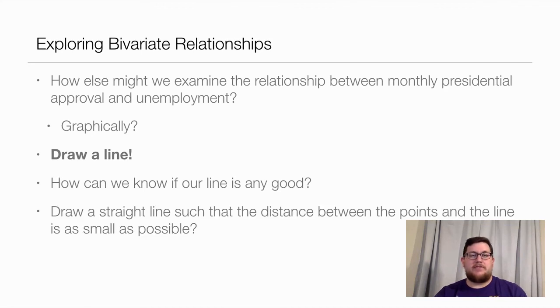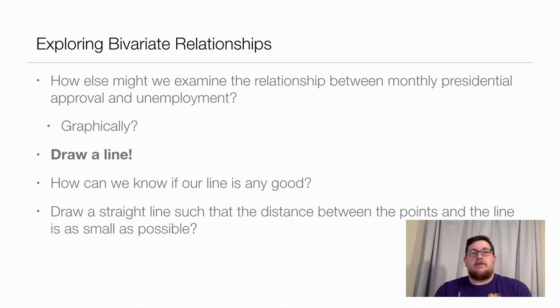Well, mathematically, there is a name. Can we draw a straight line through the data points such that the distance between the points and the line is as small as possible overall? So the distance between each individual observation and the line, drawing a straight line up or down, perpendicularly, actually, is what you would do.